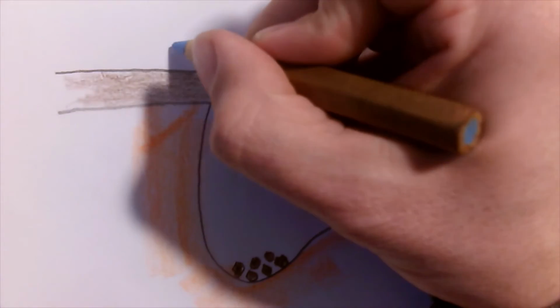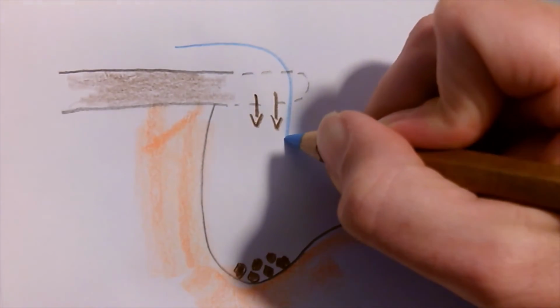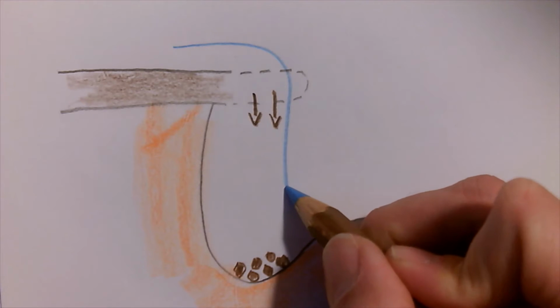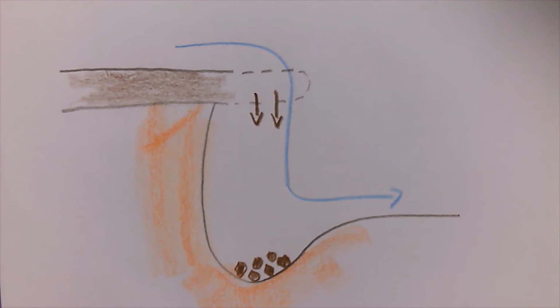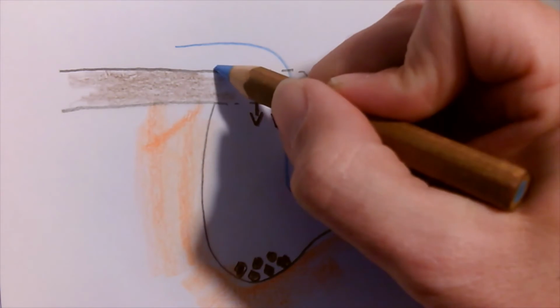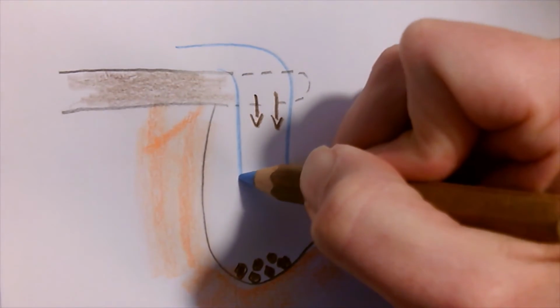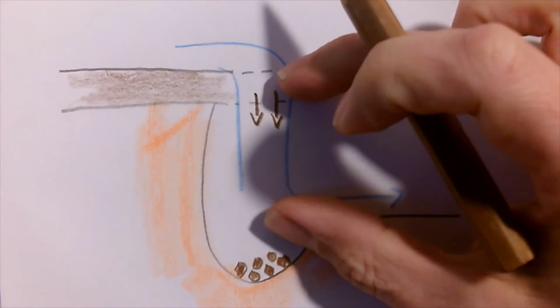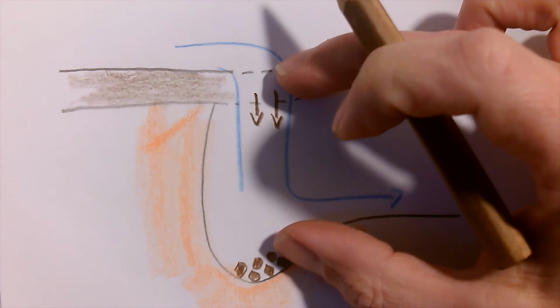The flow of the water is still falling over this vertical drop, with much of the water continuing downstream, but there is now much more energy in the water because the height of the waterfall has increased.